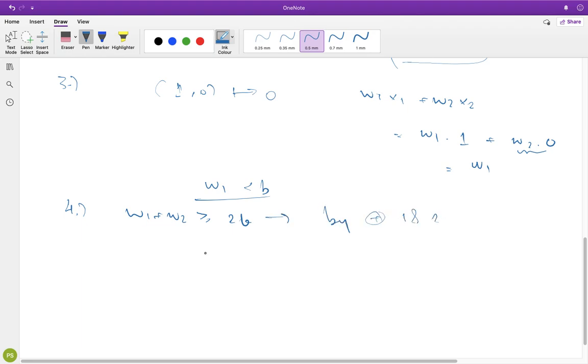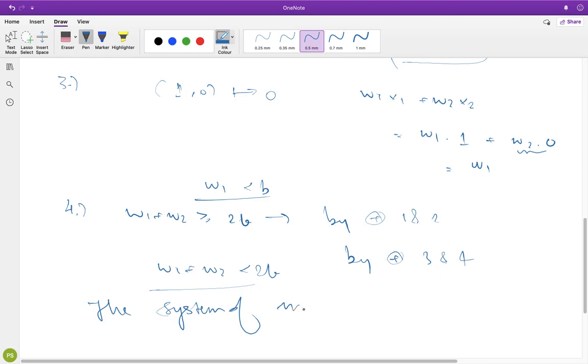And by adding the third and fourth, we get w1 plus w2 must be less than 2b. So it is easy to see that the system of inequalities has no solution.